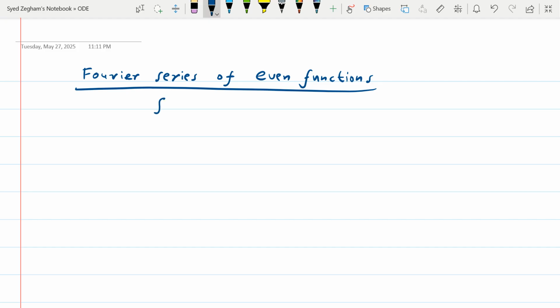What are even functions? Even functions are the functions defined on some interval minus p to p such that if I replace x by minus x, I get the same function f(x).